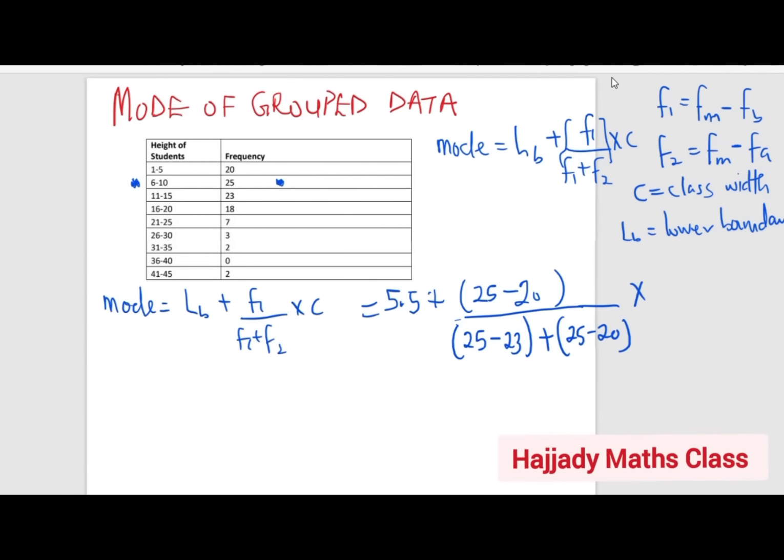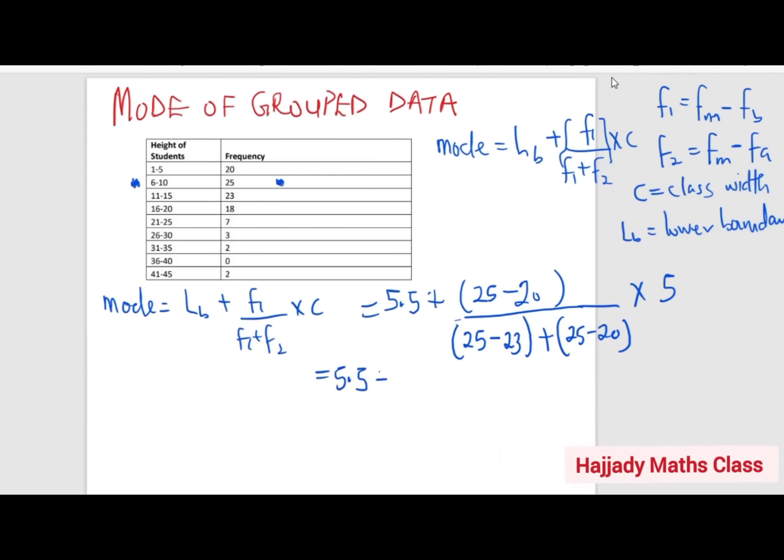Multiply by my class width, which is 5. Now simplifying this further, I'm going to have 5.5 plus 25 minus 20 over 25 minus 23 plus 5 multiplied by 5.